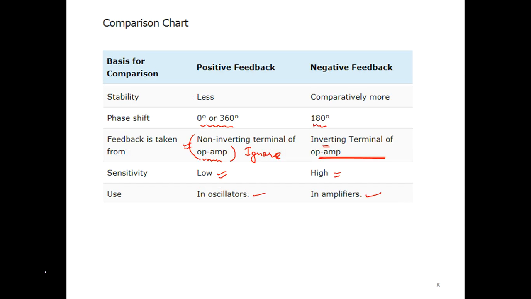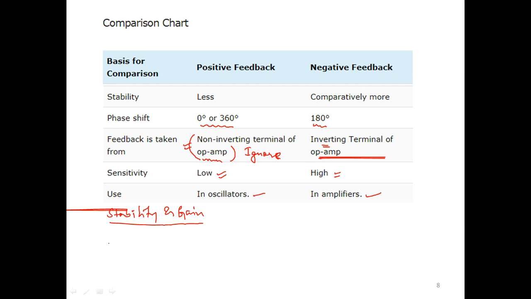There was one point to be discussed here regarding stability and gain. Normally, the stability and gain of a particular amplifier circuit are inversely proportional to each other, right?